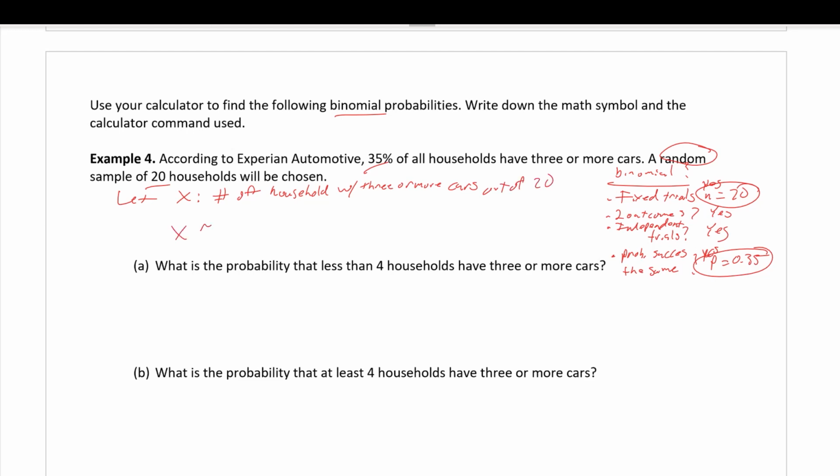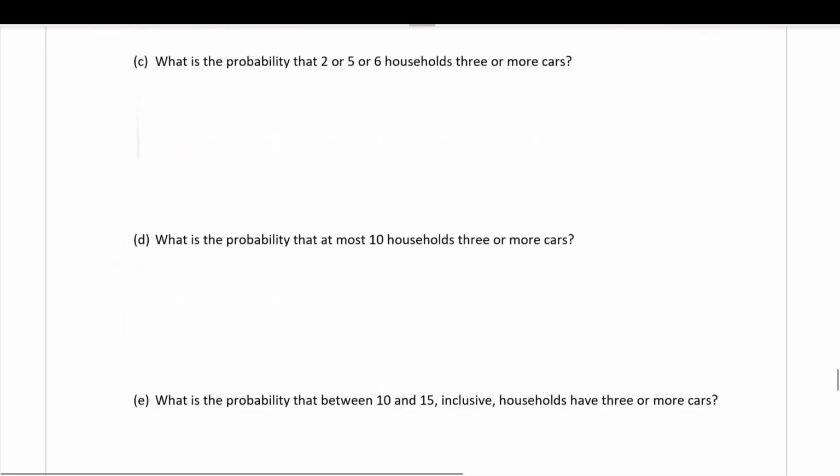We know that this is a binomial because it met all 4 criteria, where n is equal to 20 in this case, and p is equal to 0.35. Now that our random variable is well defined here, it's the number of households with 3 or more cars out of 20, then we can start asking all sorts of questions. So we are good here, A through D.